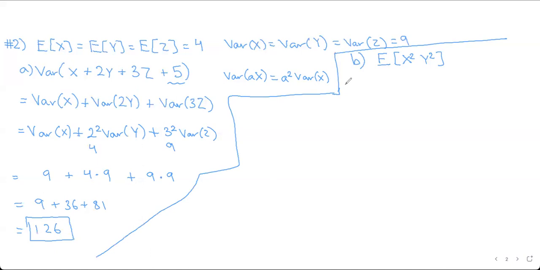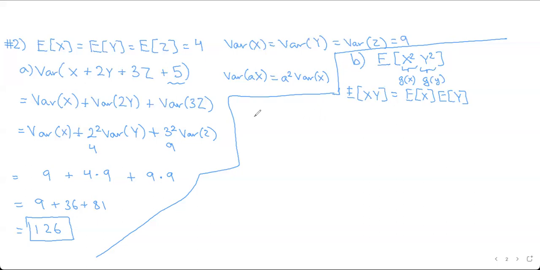If you have two random variables that are independent, then you can use the multiplicative property, where the expectation of xy is simply the expectation of x times the expectation of y. Okay. And by extension, you can also think about these as two functions, g of x and g of y, right?